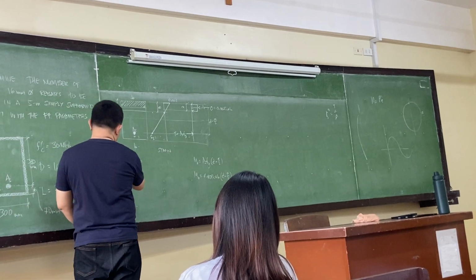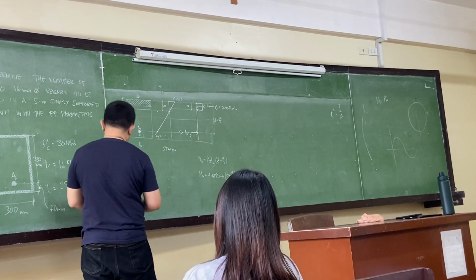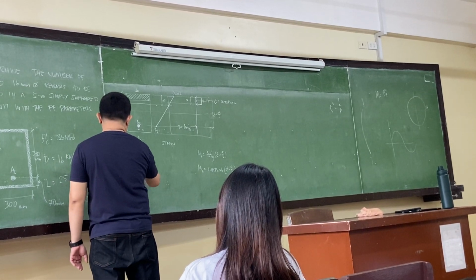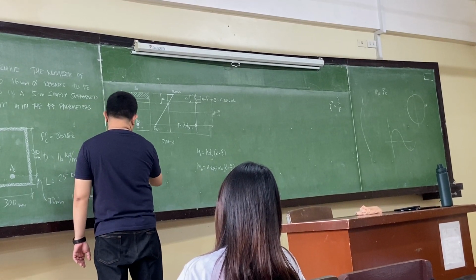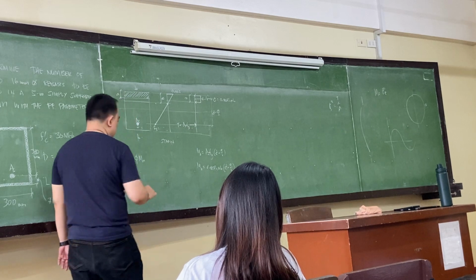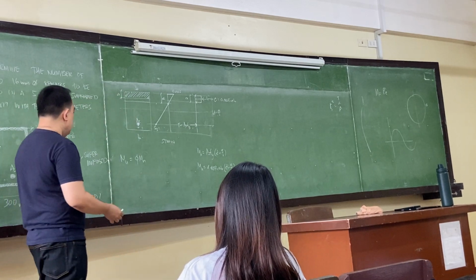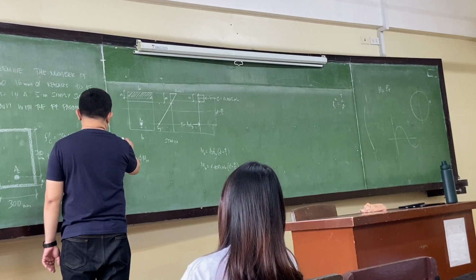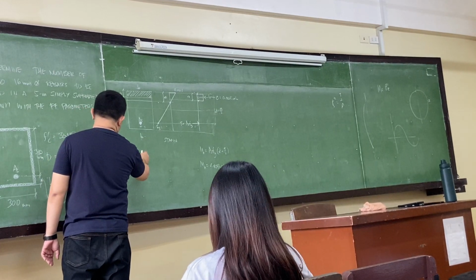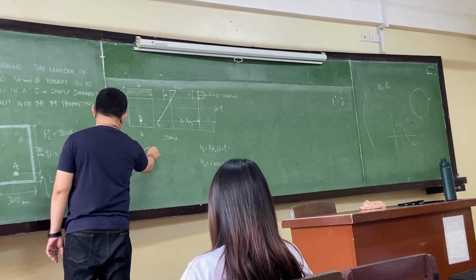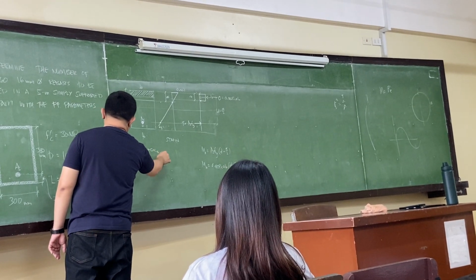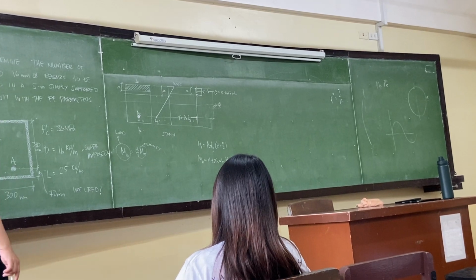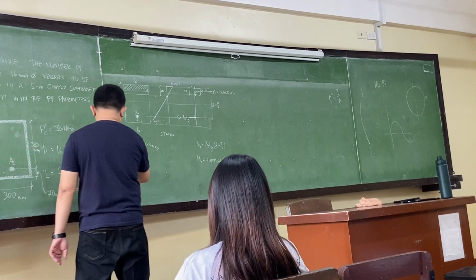So we know that Mu is equal to phi Mn. Okay. And then this Mu here would come from the loading, then this one here would come from the capacity. So that's the principle.